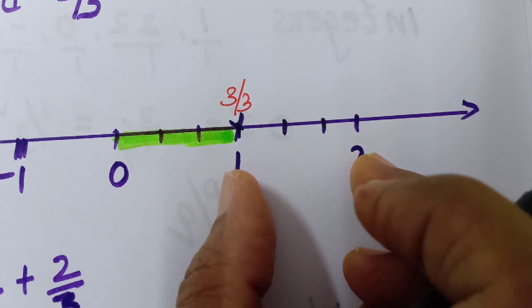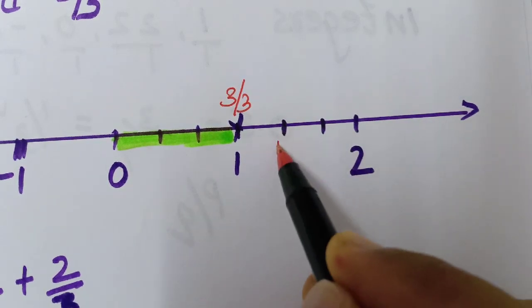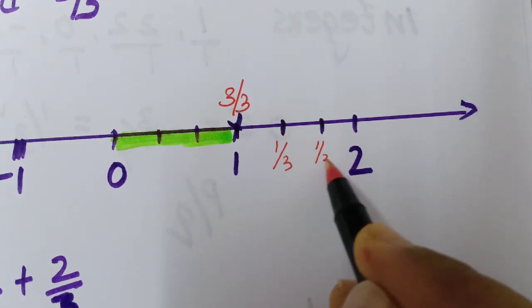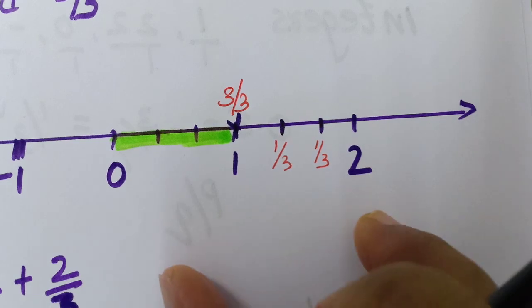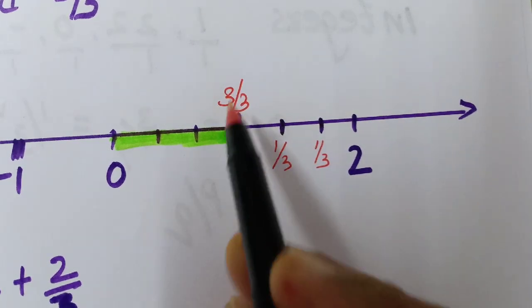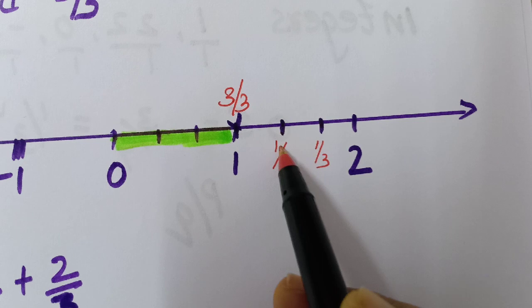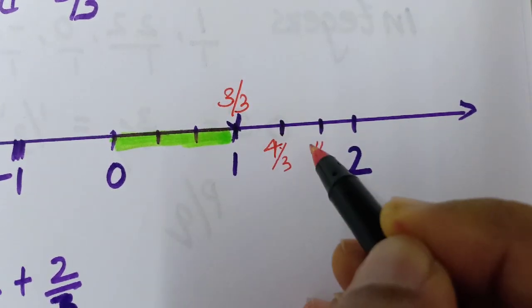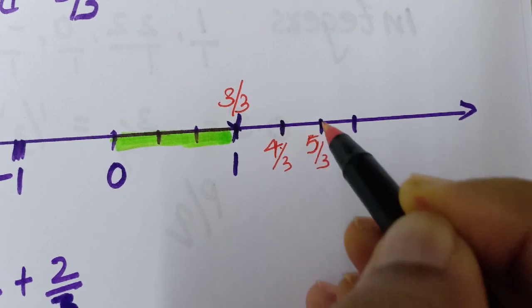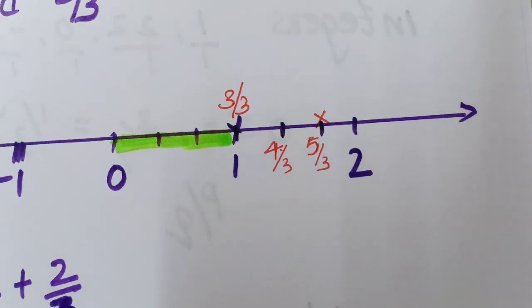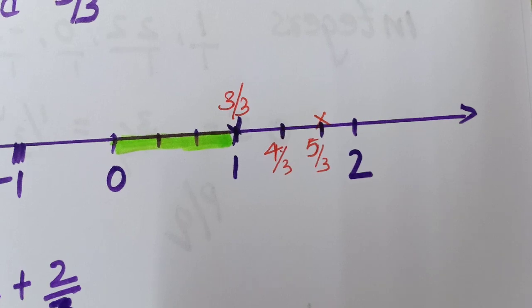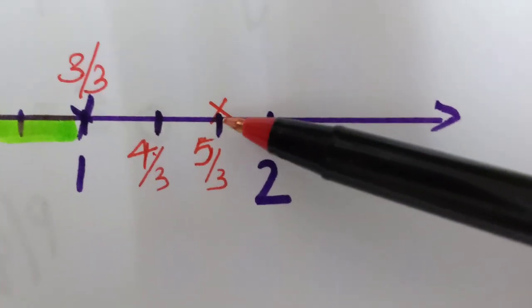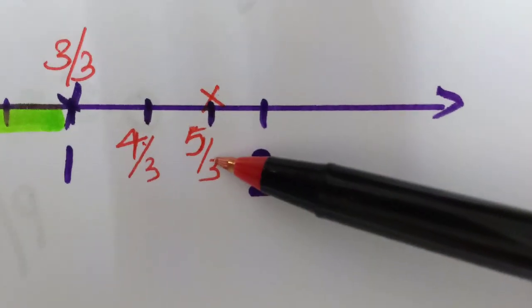So that is 3 by 3 plus 1 by 3, meaning 4 by 3. This is 4 by 3, and this is 5 by 3. This is the point which represents 5 by 3.